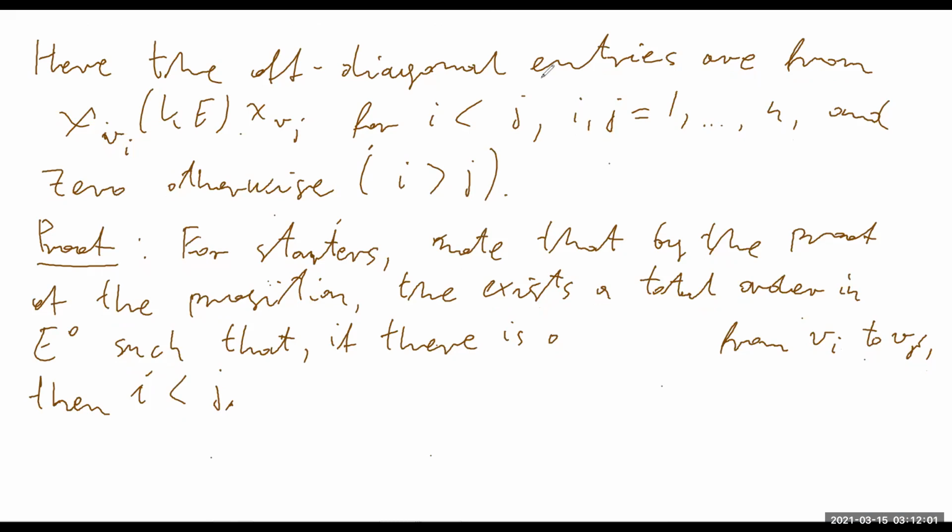Okay, such that if there is a path from Vi to Vj, then i is less than j. Not position, proposition, sorry.